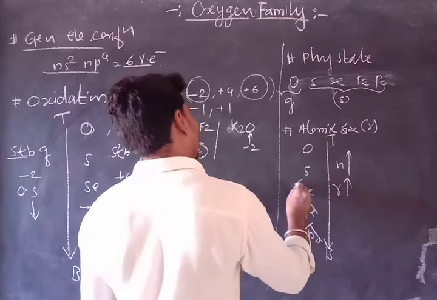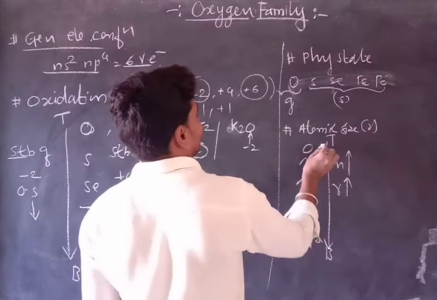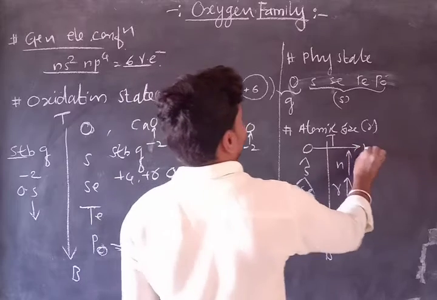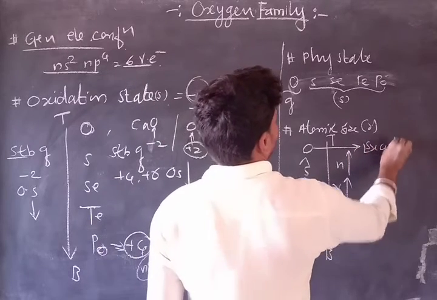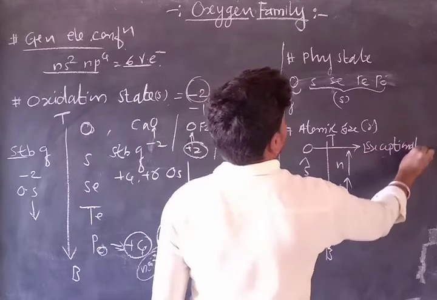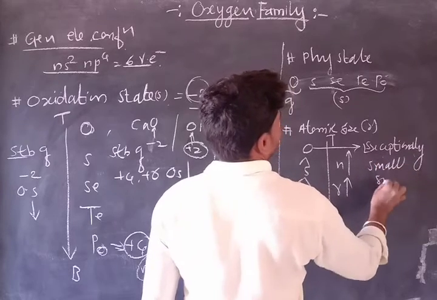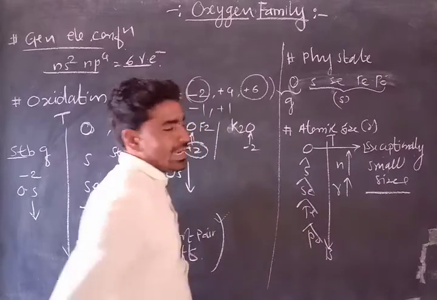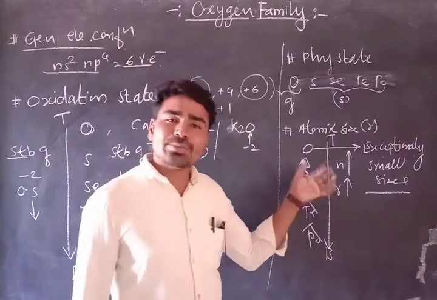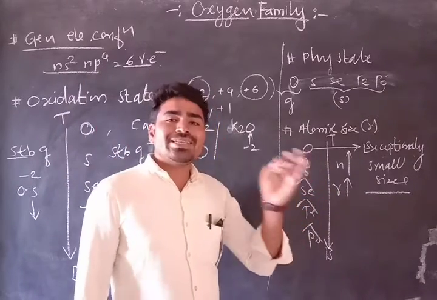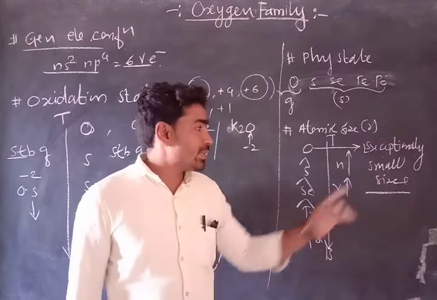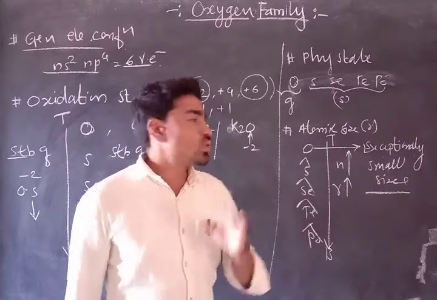and so polonium is the largest in size, and oxygen is exceptionally small, and because of its exceptionally small size, it shows anomalous or different behavior. Oxygen is exceptionally small. You should know this.